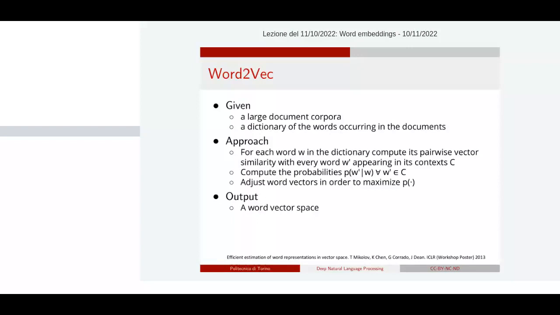They take as input a large corpus of documents and a dictionary of the words occurring in the documents, and it returns a word vector space. Basically, to each word in the vocabulary that actually appears in the source documents, it associates a fixed-size vector of 200 or 300 dimensions, which consists of the coordinates of the word in the shared space.